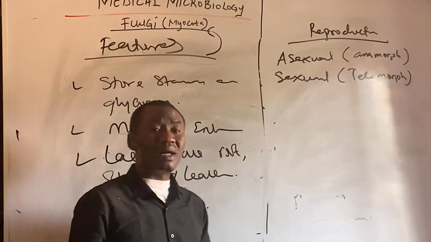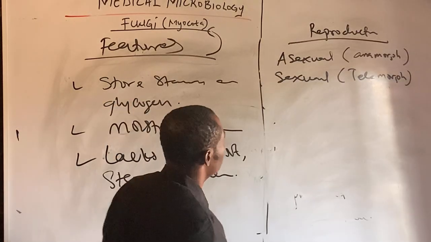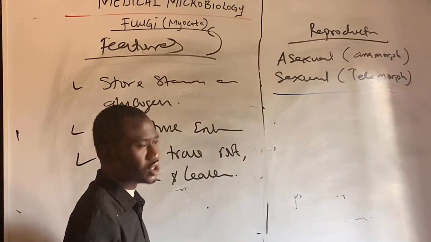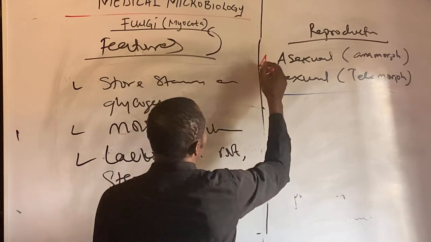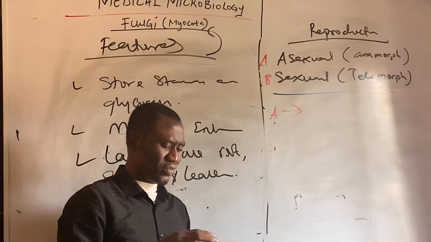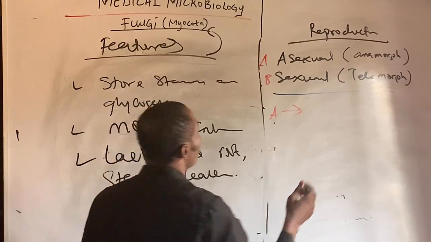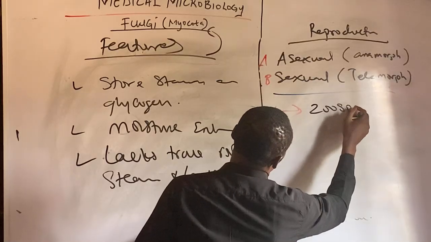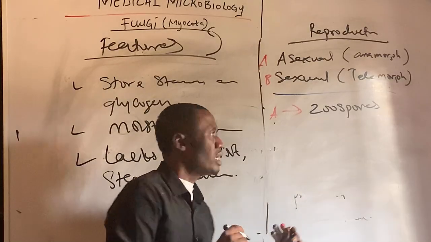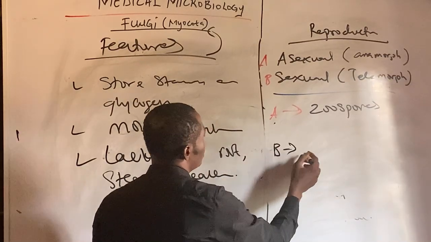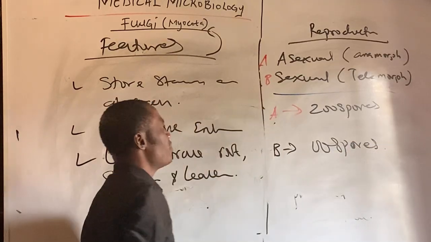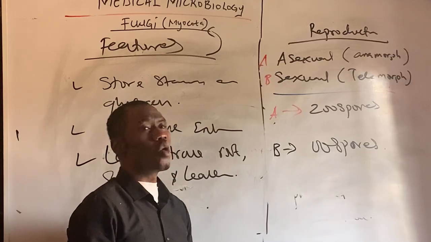Now, we can also talk about the sexual reproduction. Now listen, just pay attention. Let's call this A, let's call this B. For A, the spores involved in this reproduction are the zoospores. Are you getting it now? For asexual reproduction it is the zoospores. Now, for the sexual reproduction it is the oospores. You see, there's a difference between the zoospores and the oospores.